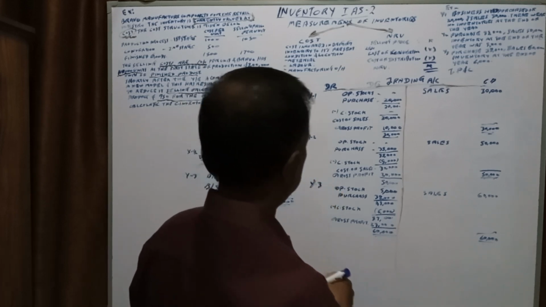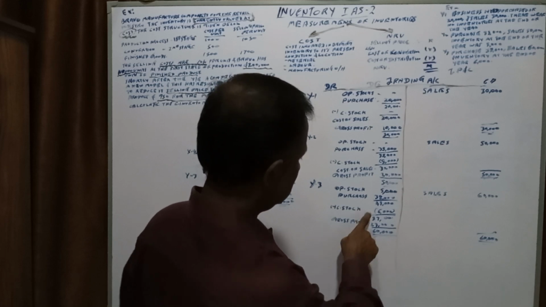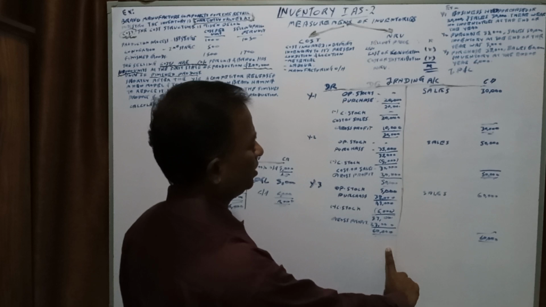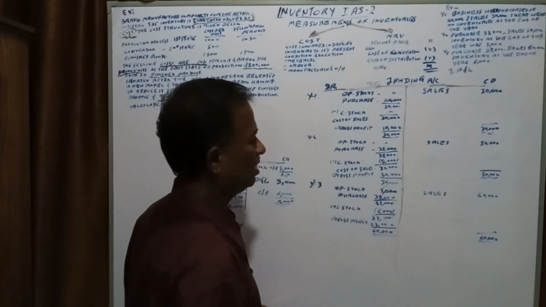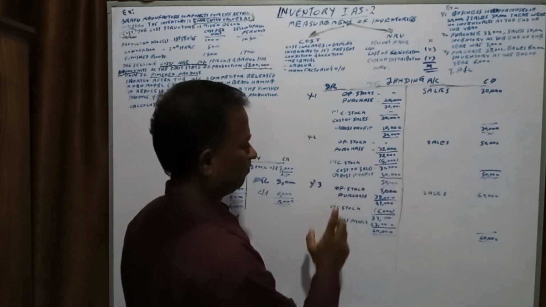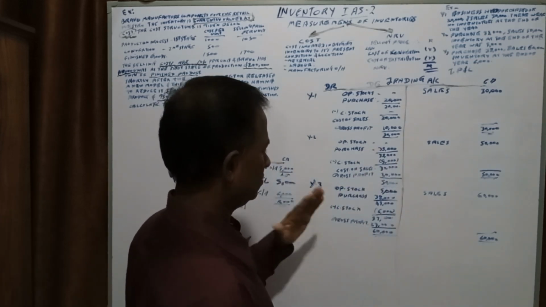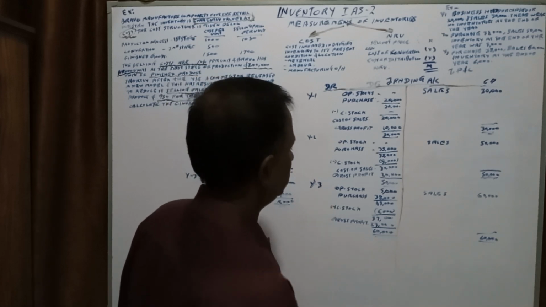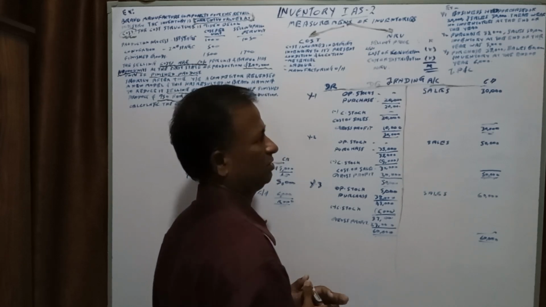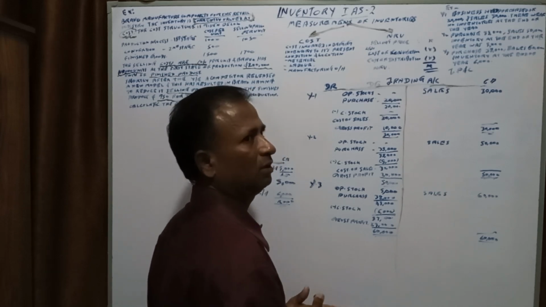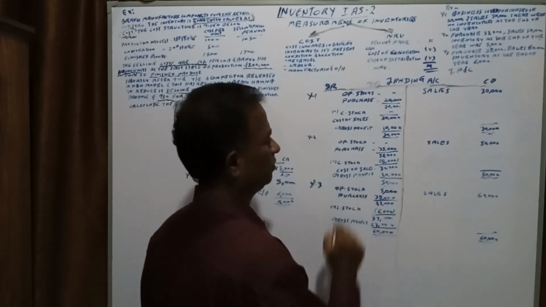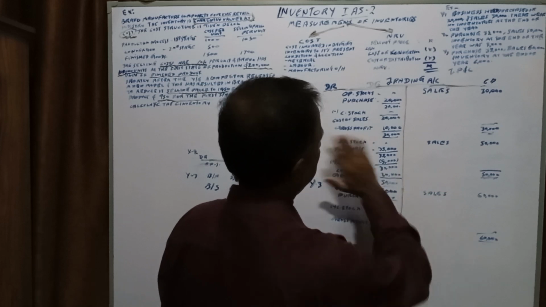In the subsequent year, this closing stock of 6,000 will go to year 4 as opening stock. That you have to understand. There won't be any difference between this. This is the rule, right? The previous year's closing stock should come as the opening stock of the current year, right? That's it. That should carry down. That is what we are bringing, this 5,000.